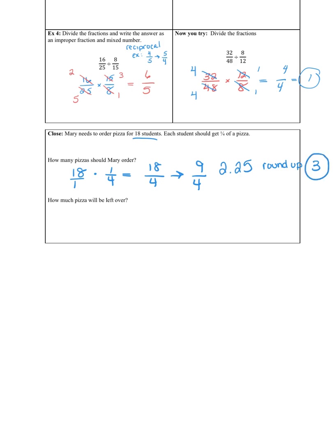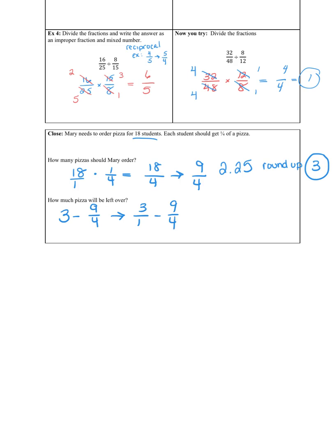So now in rounding up to 3, I'm obviously going to have some left over. So I would be doing 3 minus how much I need, which is actually 9/4. All right? So how do I do this in regards to a fraction? Okay, well, I need to get a common denominator, right? So really, this is 3 over 1 minus 9/4.